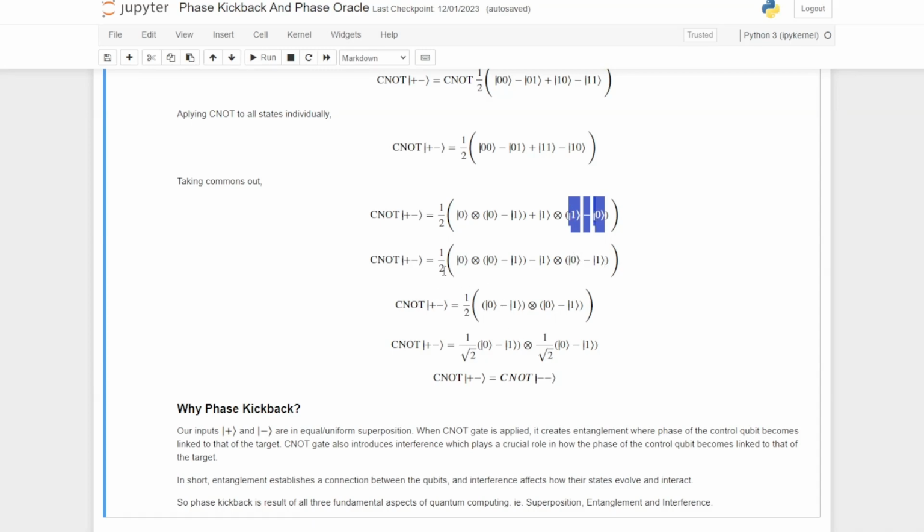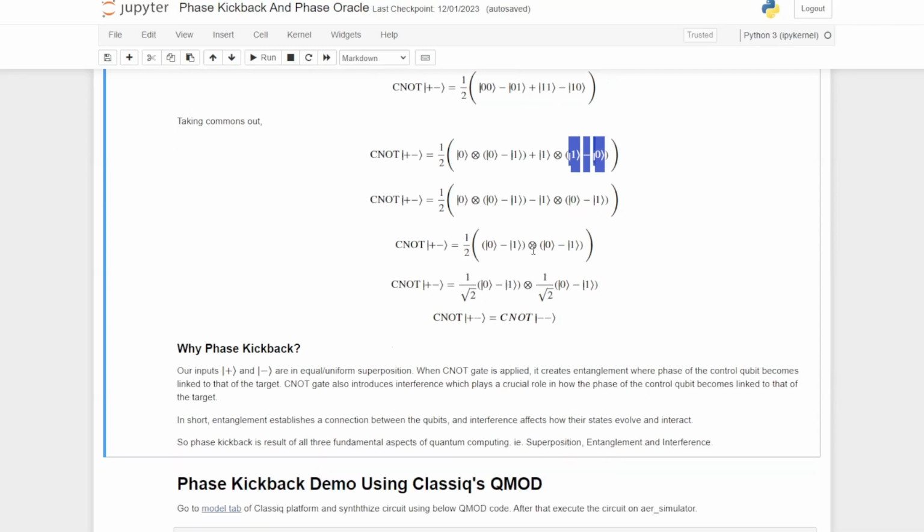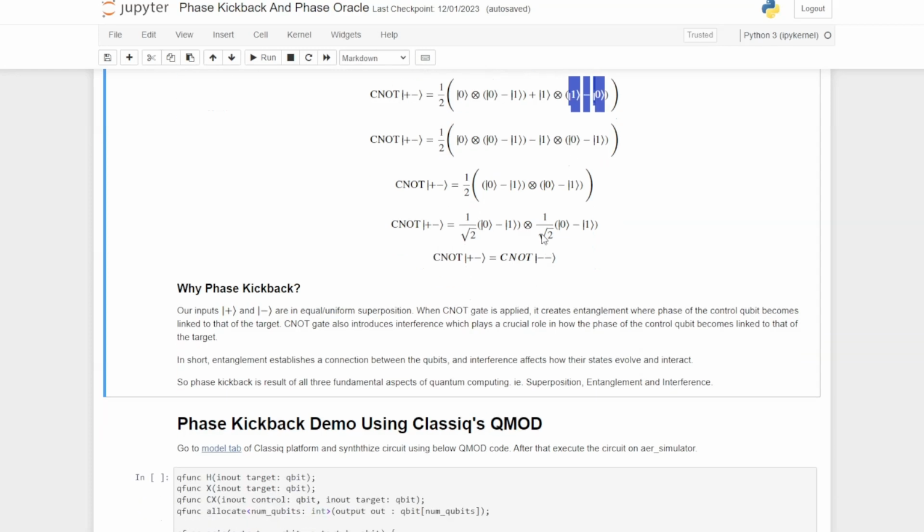Again we can write it like this. We can take this 0 and then minus 1, and this 0 minus 1 like this, and this 1 upon root 2 can be split between these two terms, and these two terms become equivalent to minus minus.